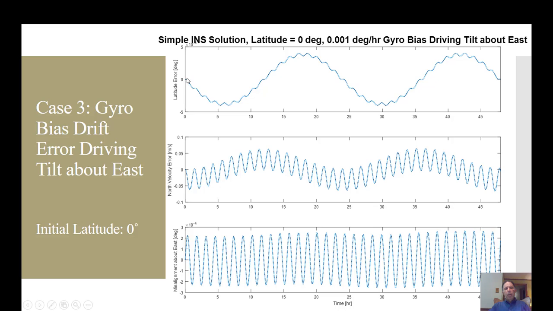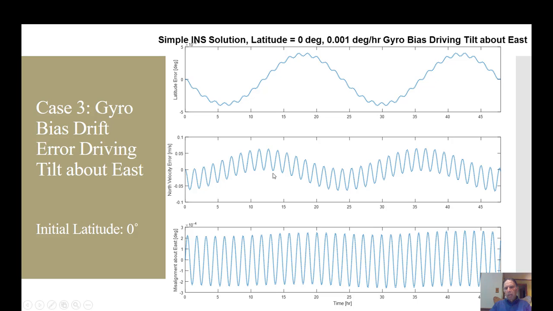And we could see the latitude error, again with some Schuler oscillations, but the major long-term effect is the diurnal effect, the corresponding north velocity error, which is driven or dominated by Schulers.